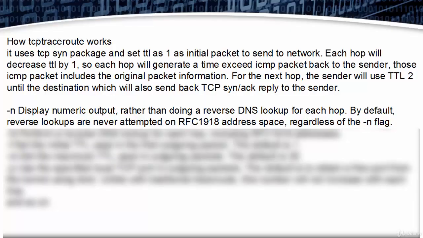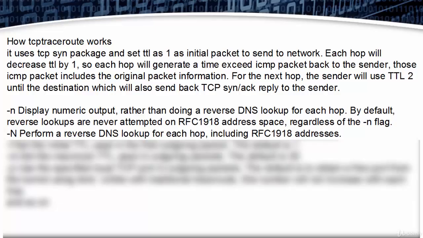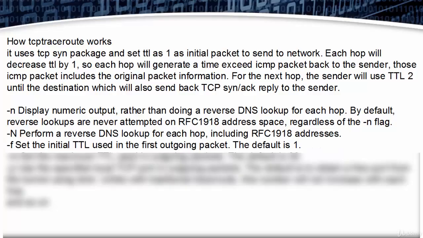-n displays numeric output rather than doing a reverse DNS lookup for each hop. By default, reverse lookups are never attempted on RFC 1918 address space, regardless of the -n flag. -N performs a reverse DNS lookup for each hop, including RFC 1918 addresses. -f sets the initial TTL used in the first outgoing packet.